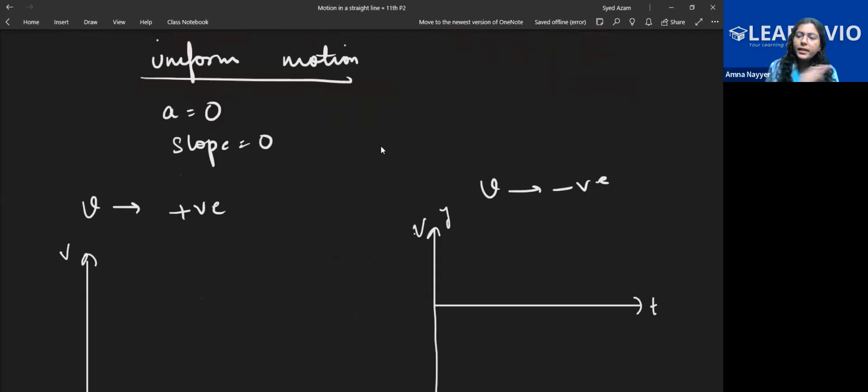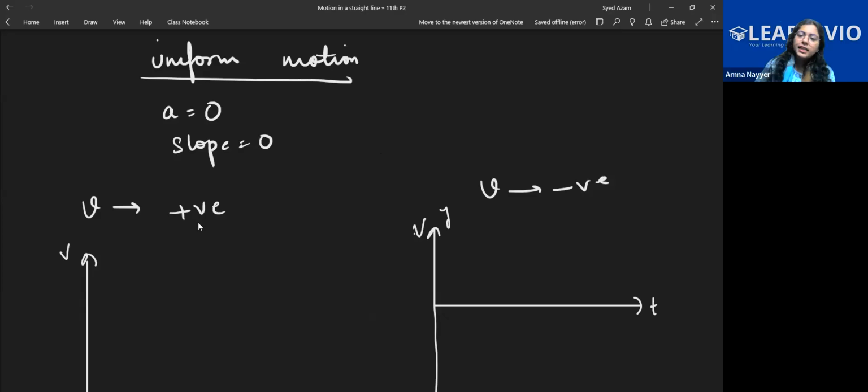Slope is 0, because for a V versus time graph, the slope will give you the acceleration and the area under the graph will give you displacement. For velocity, it will give you displacement. For speed versus time, it will give you distance. So A is 0 means slope is 0.